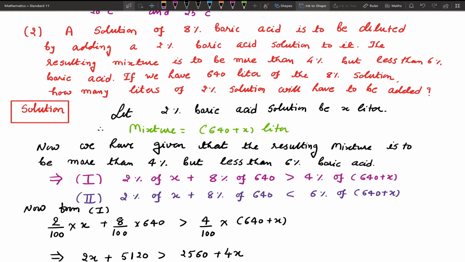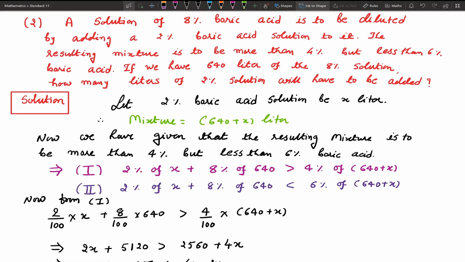Again you read the question. A solution of 8% boric acid is to be diluted by adding a 2% boric acid solution to it. The resulting mixture is to be more than 4% but less than 6%.